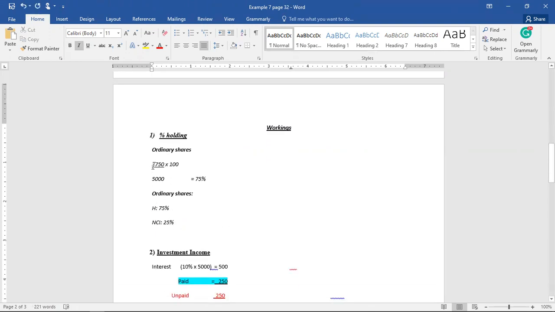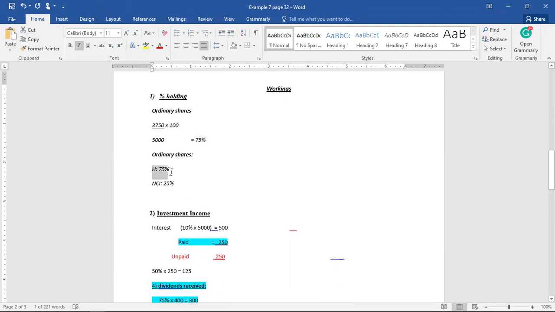So if H is buying 3,750 out of the 5,000, it's going to give H 75%. So based on that, H is having 75%. Minority is having 25%. That is my note 1.